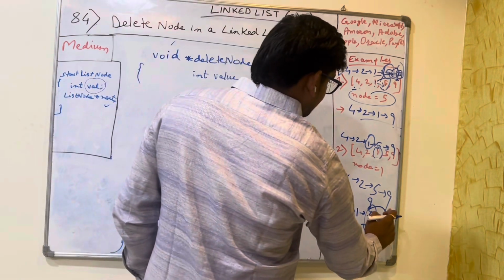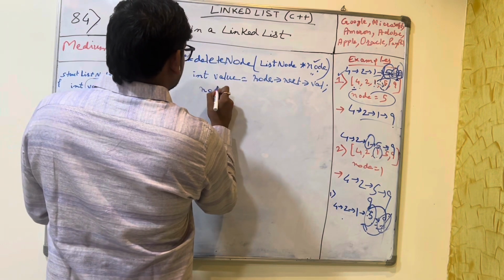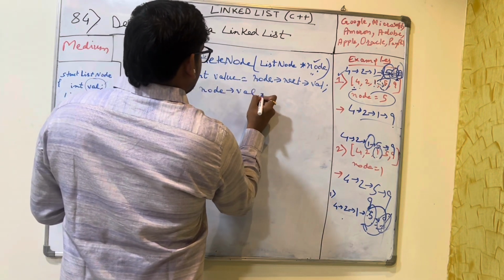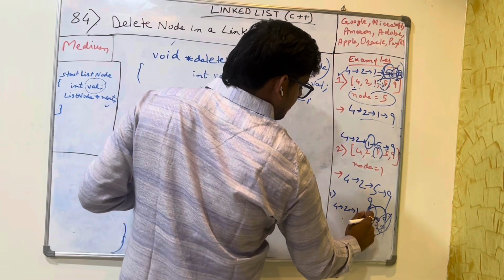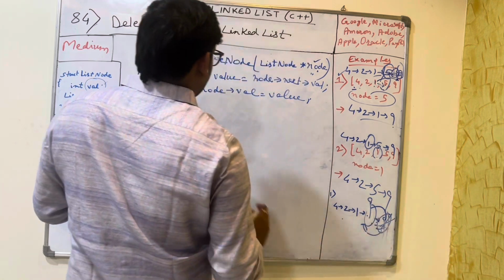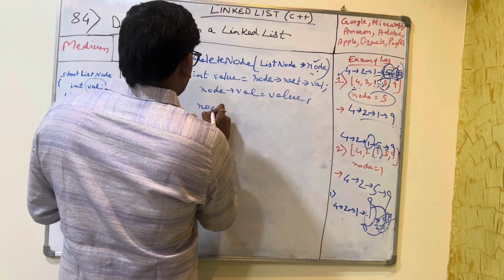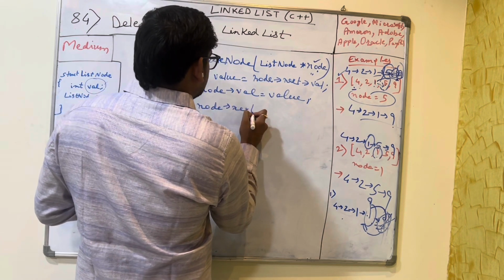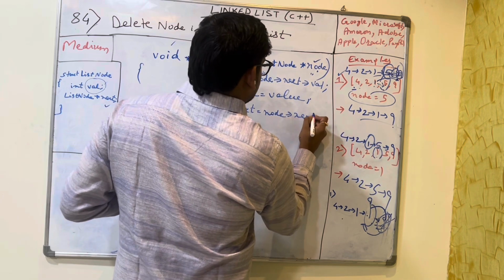We have this 9 value here, and then node's val, we will make equal to value. Now we have replaced this 5 with 9, okay? And now we will remove this 9. So how do we remove this pointer? Node's next equal to node's next ka next.